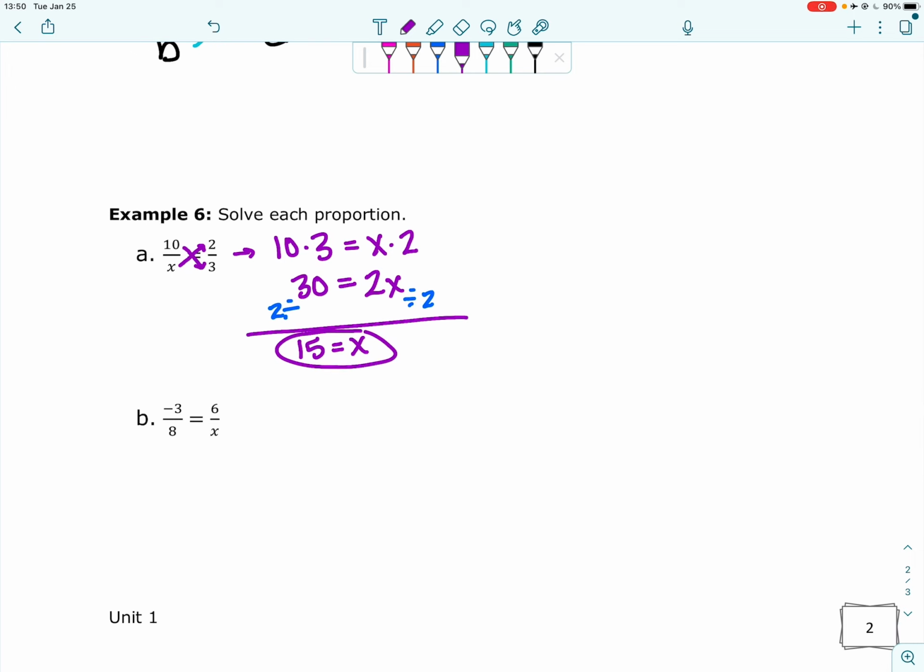Second one: negative 3 over 8 equals 6 over what? Totally fine that we have a negative here, not a problem. So I'm going to cross multiply again. Negative 3 times x equals 8 times 6. Negative 3x equals 8 times 6, which is 48.